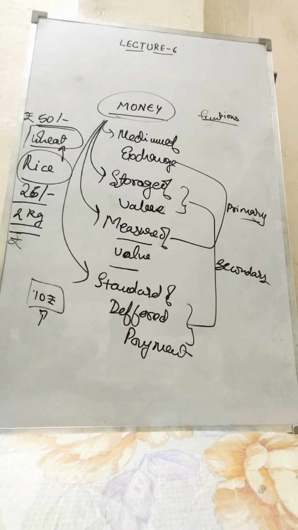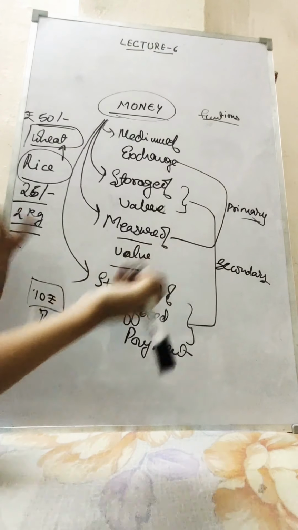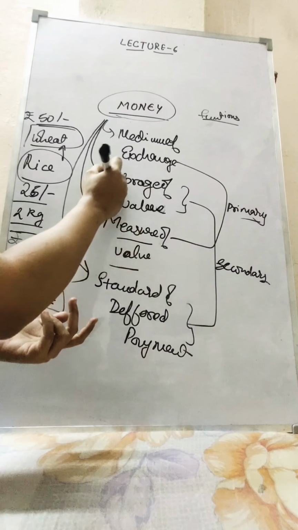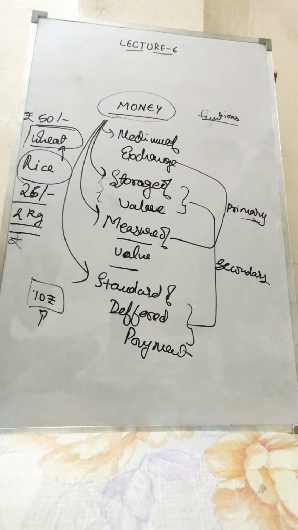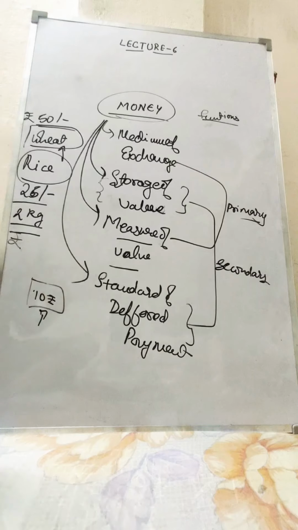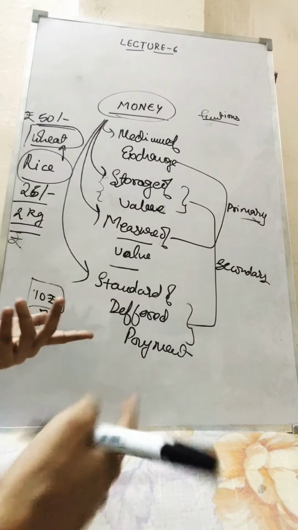Then I can say that money is generally accepted as a medium of exchange. Why is it accepted as a medium of exchange? Because whenever you are going to some person, you want something to buy or you want something to sell, you can say, okay bhaiya, I want this much and I'll pay you this much. So it's always easy to work. And if you're having money in your pocket, you can straight away deal with the person hand to hand, right?